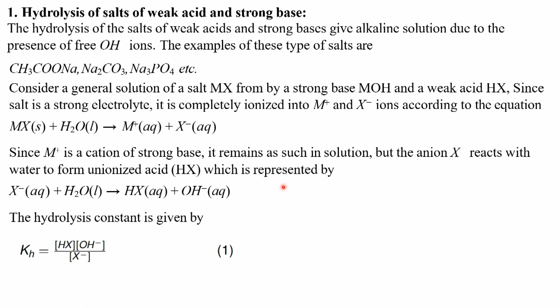Now first we consider hydrolysis of salts of weak acid and strong base. The hydrolysis of the salts of weak acids and strong bases gives alkaline solution. Like if we consider sodium acetate, on hydrolysis it gives acetic acid, which is a weak acid, and NaOH, which is a strong base. That's why it is said that the hydrolysis of the salt of weak acids and strong bases gives alkaline solution.